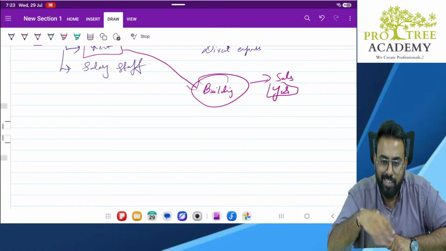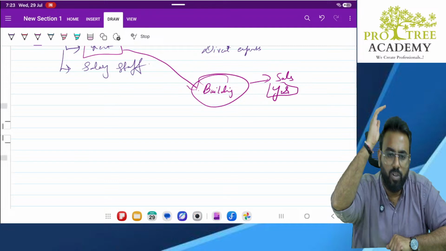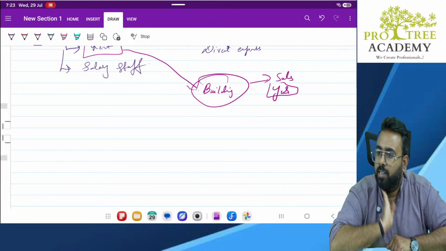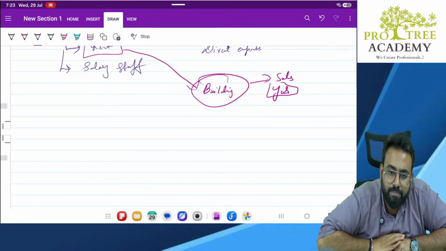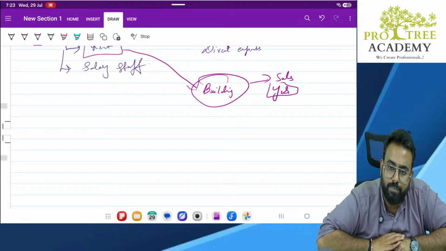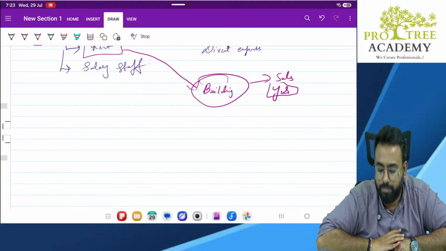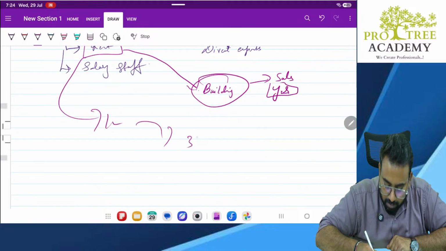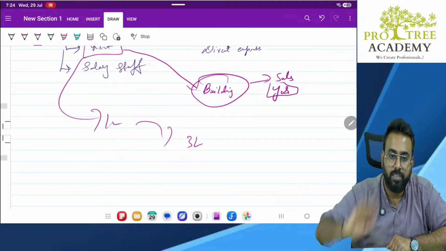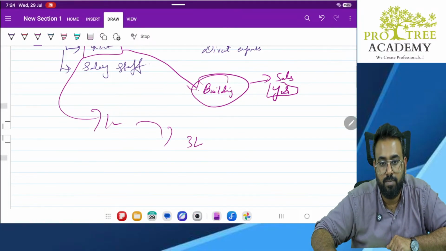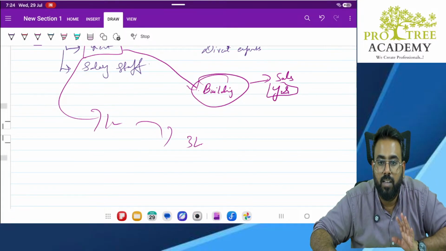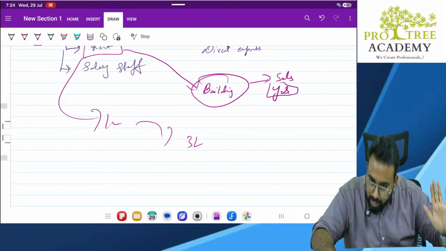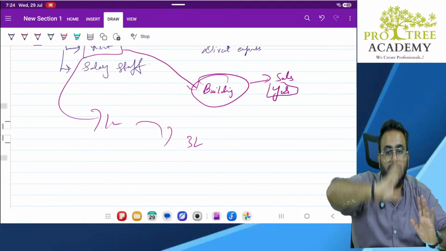So in such a situation, for 2 months there is no rent. Will your sales stop? No sir, it will not stop. Now suddenly rent goes from 1 lakh rupees to 3 lakh rupees. Will your sales increase? No sir, it will not increase. You are understanding? Rent has no connection with your sales.